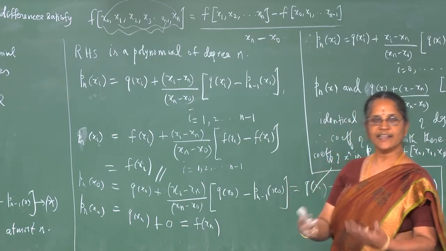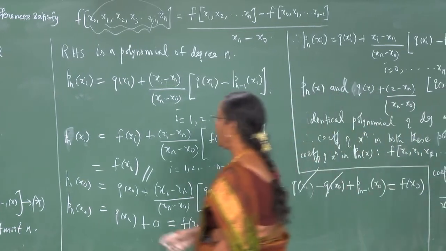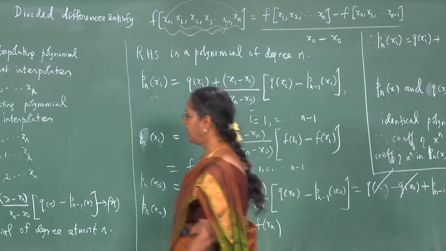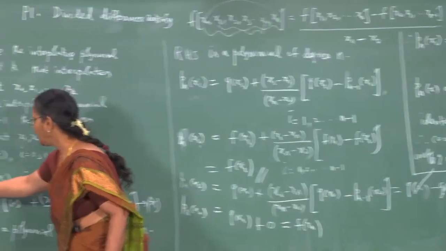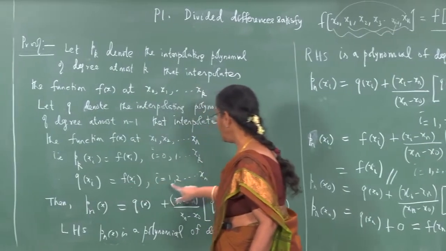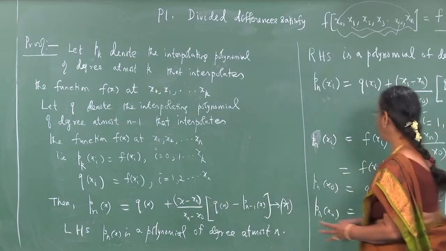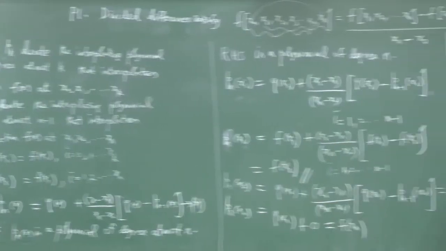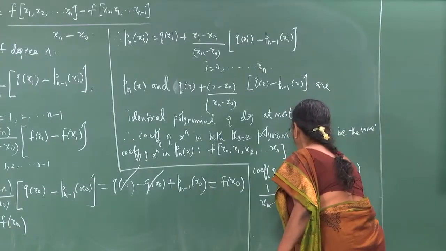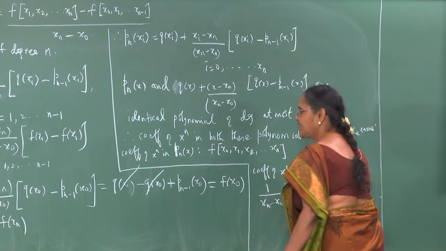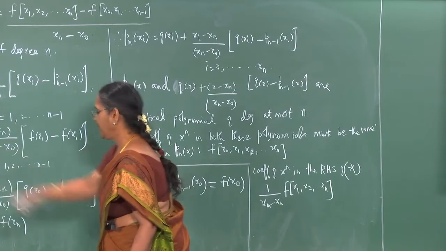It is nothing but an n minus 1th order divided difference, but what are the points at which q interpolates the function? At xi, which is 1, 2, 3 up to xn, and therefore the coefficient will be f of x1, x2 etc. up to xn. That comes from the first term.